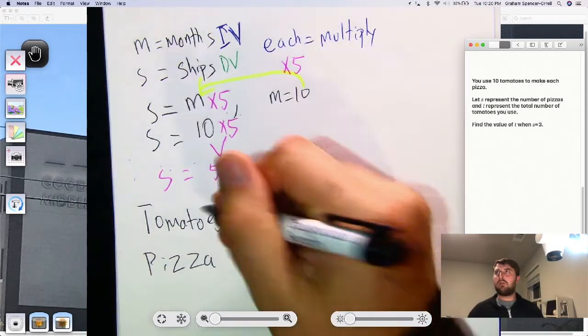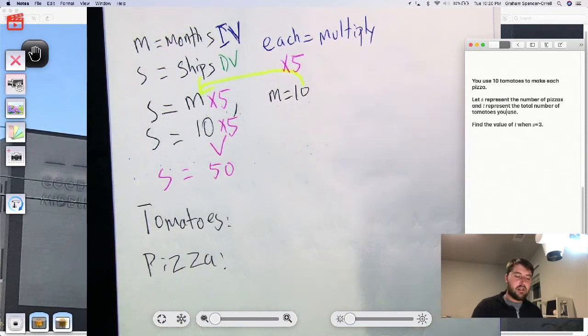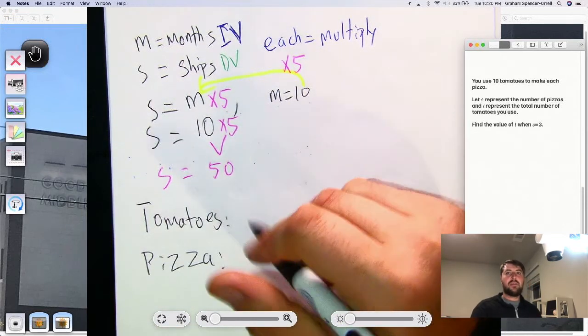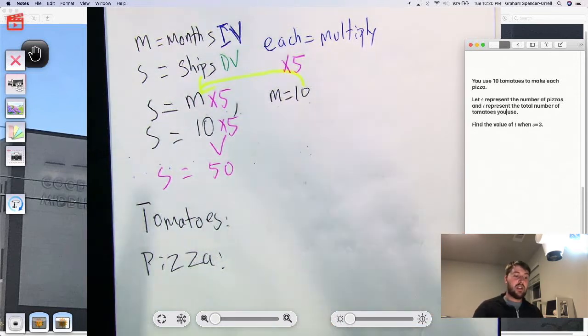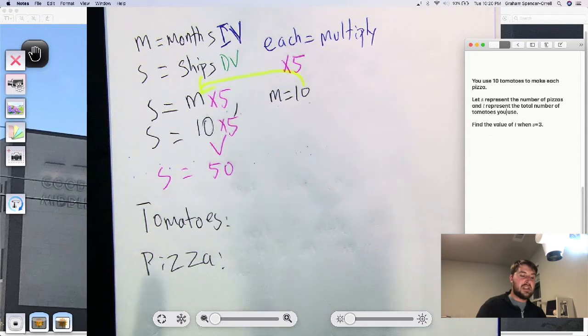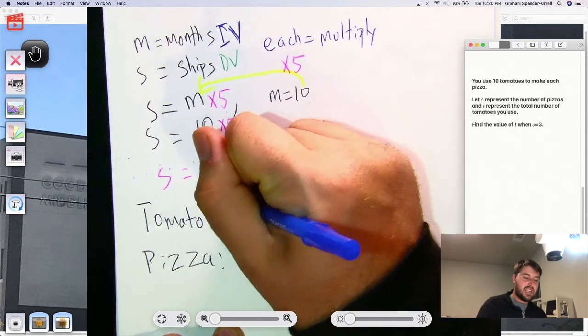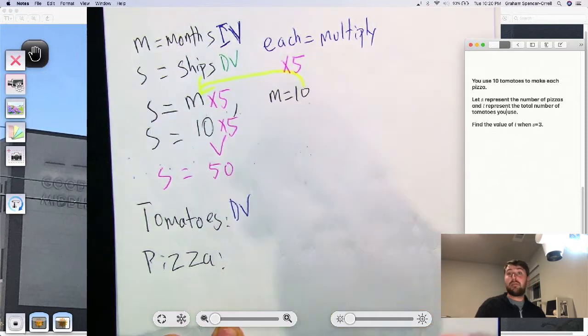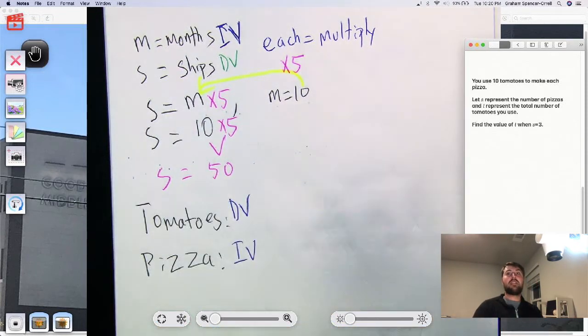Okay, so there are 10 tomatoes on each pizza. Because we have each before pizza, we're saying 10 tomatoes on each. Tomatoes is going to be our dependent variable, and pizza will be the independent variable. You can make any number of pizzas, but once you have a number of pizzas, then you can figure out the number of tomatoes.